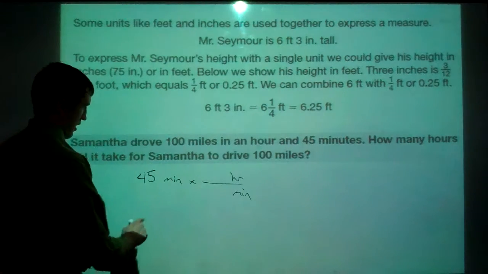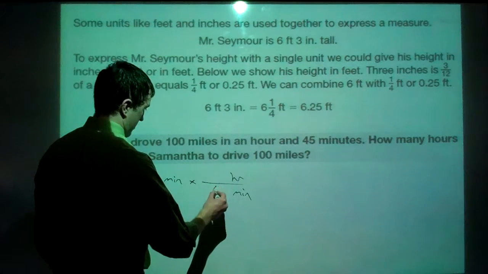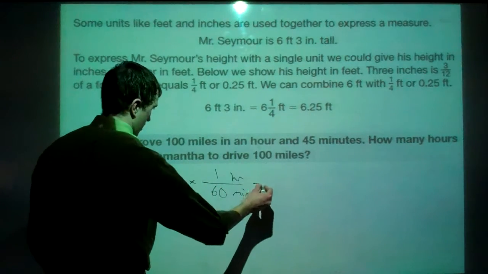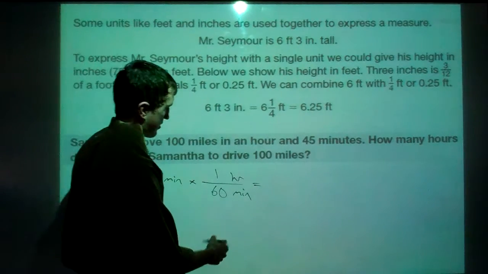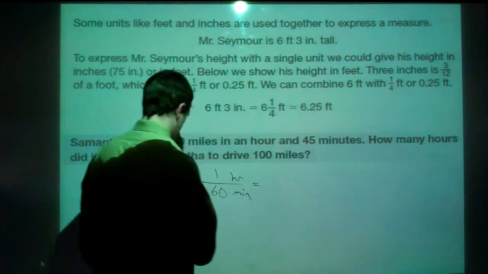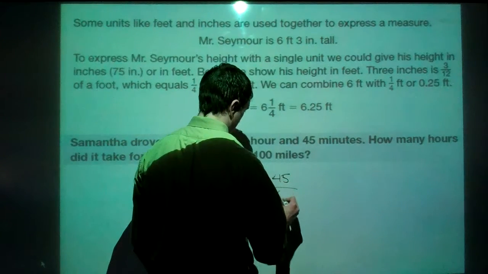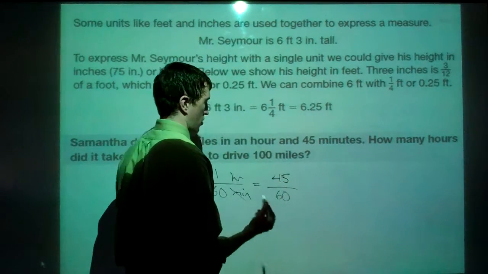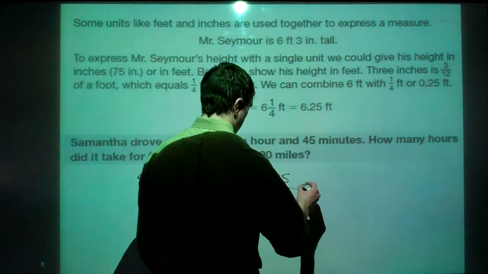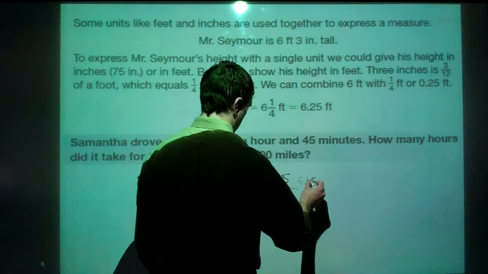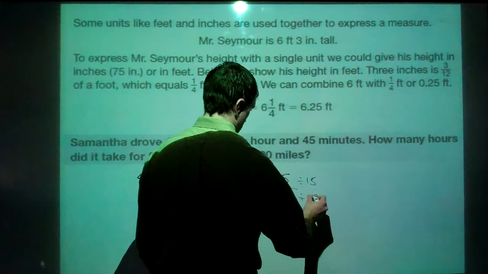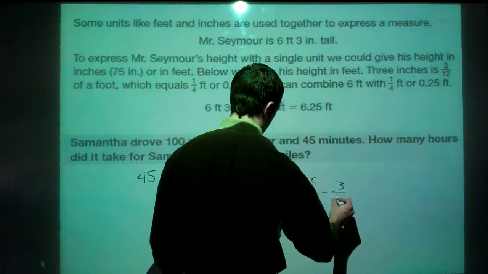Okay, and there are 60 minutes in an hour again. So really we have 45 divided by 60, and these cancel, so 45 out of 60. What we can do here is just reduce. We divide by 15, we get 3/4.